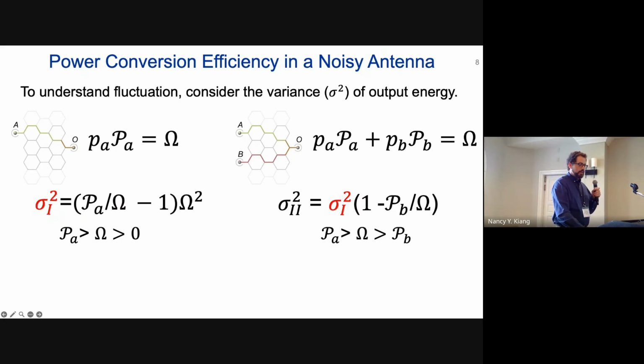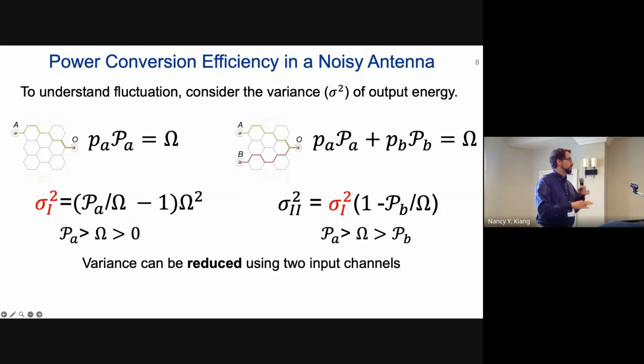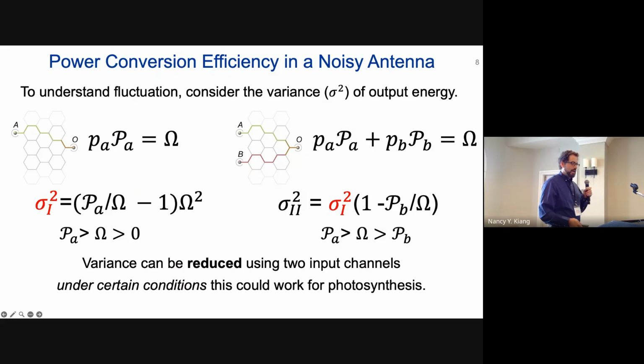That is to say that by using two channels as opposed to one, I can reduce the variance coming through my system. Which is, again, the thing that I wanted to do to improve my power conversion efficiency. Now, at this point, this is a very abstract mathematical fact, and I want to see how it can apply to photosynthesis. And it can, under certain conditions.